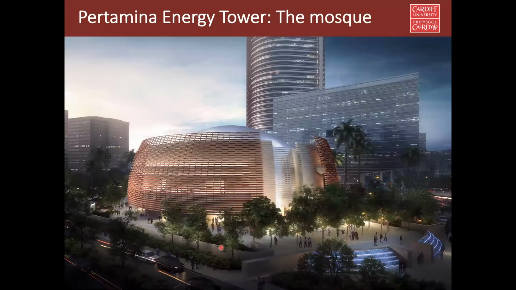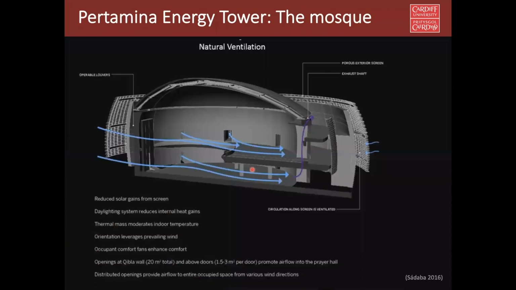Now let's look at the mosque. You can see it's designed in different layers of envelopes. Because of this envelope system, it has a huge thermal protection. However, they wanted to make the building naturally ventilated. So they try to use this buoyancy effect to naturally ventilate.